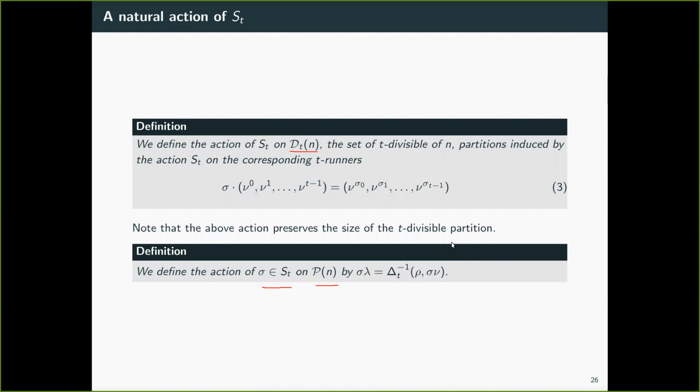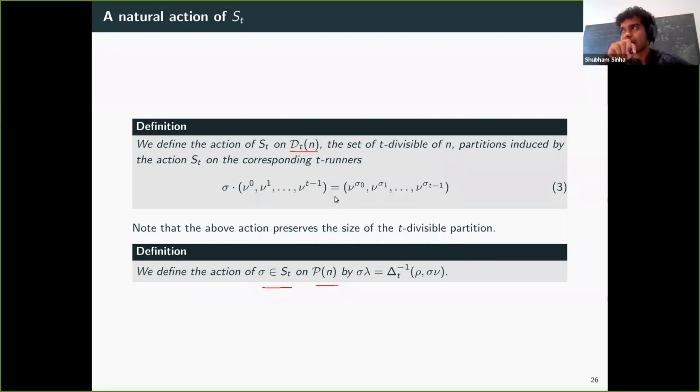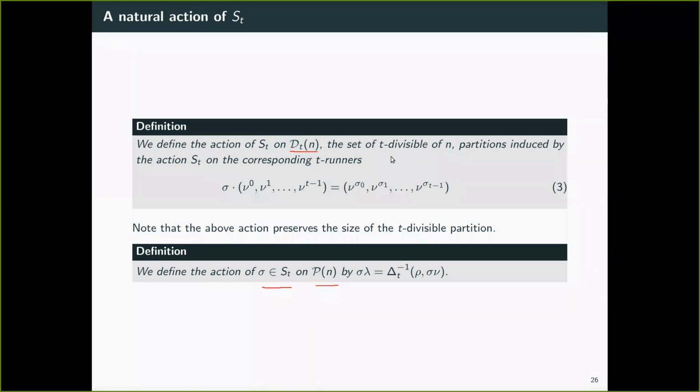I'm not sure how specific I can be. I prefer to think in terms of the T-runner, and the size of the partition will be the same, but I can't visually tell you in the Young diagram how the partition changes.